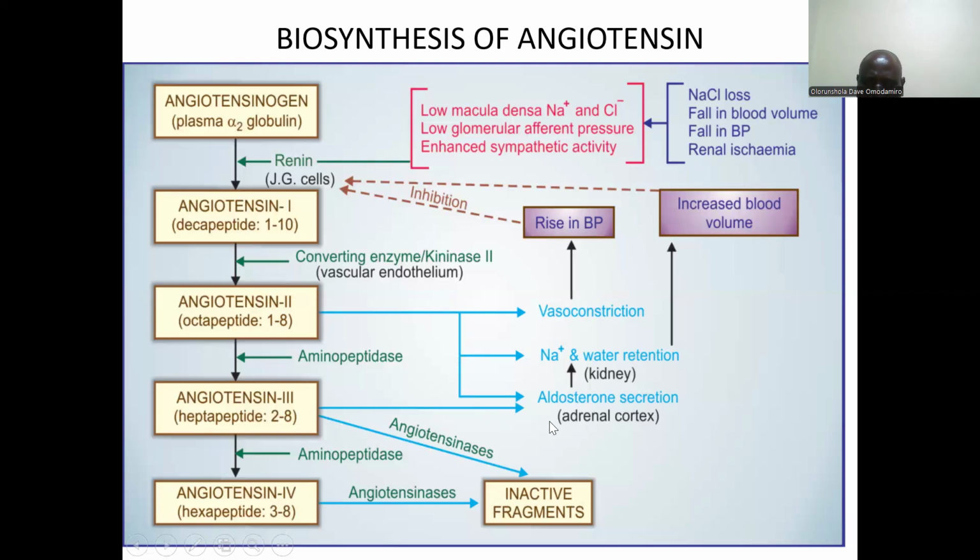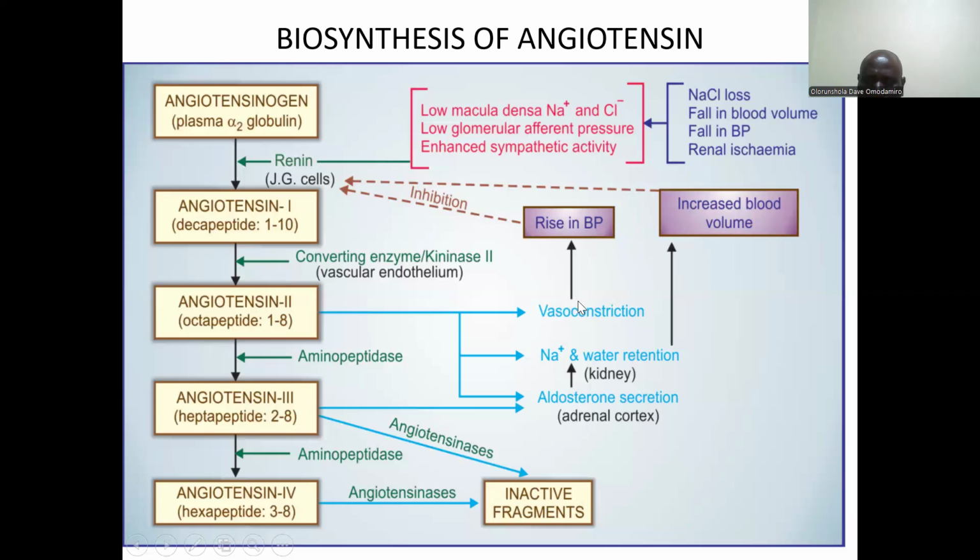Also, angiotensin 2 activates the adrenal cortex to release aldosterone. And the aldosterone secretion will lead to sodium and water retention that increases the blood volume. The increase in blood volume will increase the cardiac output, which will contribute to an increase in blood pressure.